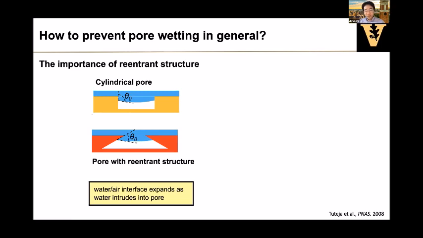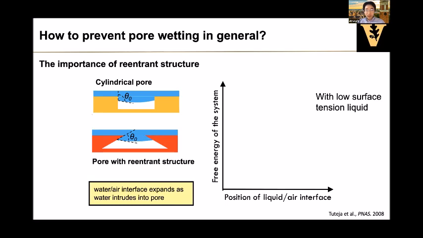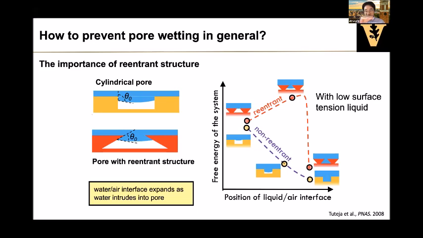The fundamental mechanism behind why a reentrance structure is wetting resistant is that if you have a low surface tension liquid with a conventional long cylindrical pore, the free energy of the system would decrease as the water-air interface propagates into the pore. However, with a reentrant structure, because of the expansion of the water-air interface, you would have an energy barrier.